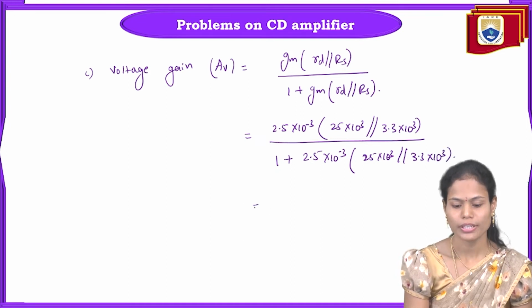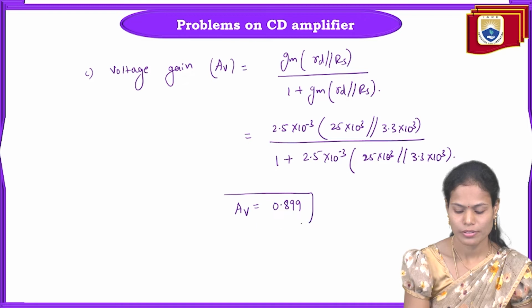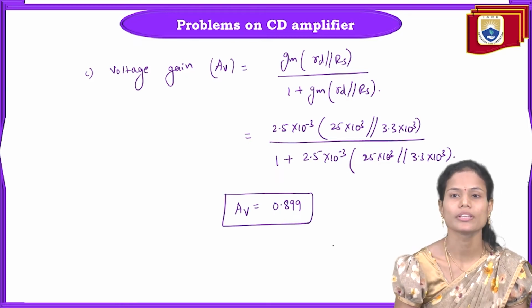If we simplify, we will get the voltage gain value as 0.899. So this is the voltage gain of the given common drain amplifier.